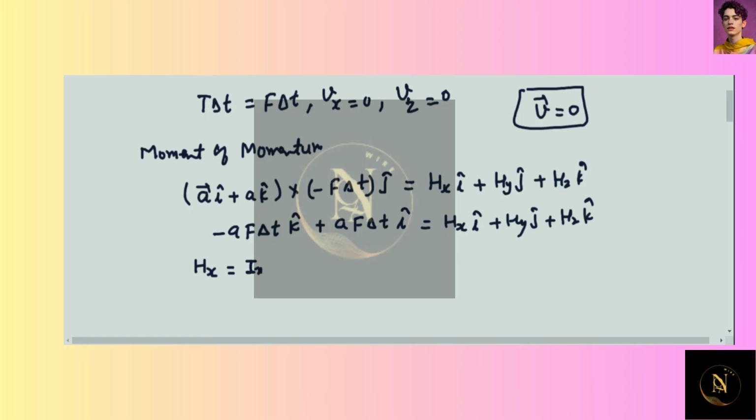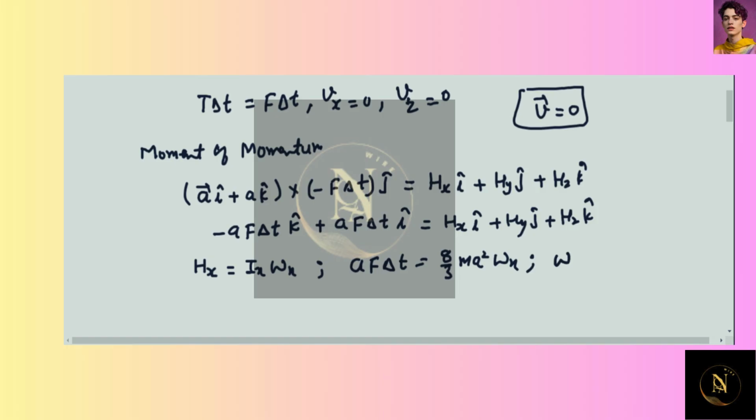So it would be Ix omega x from above equation, Hx having the value A F delta T, and Ix we know already, we have calculated. You may see it. So it will be 8 by 3 m a square omega x.